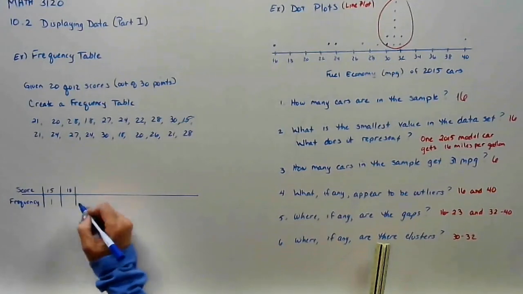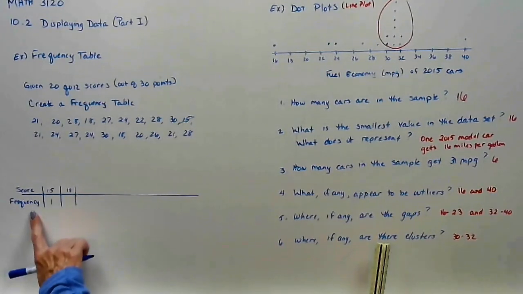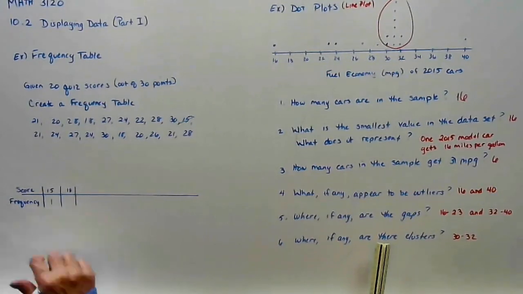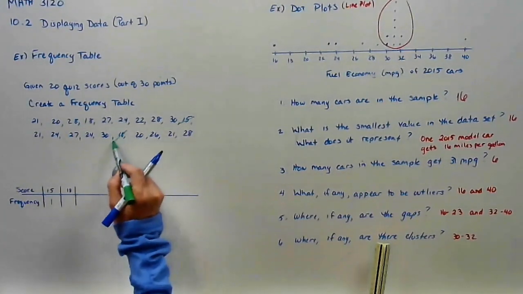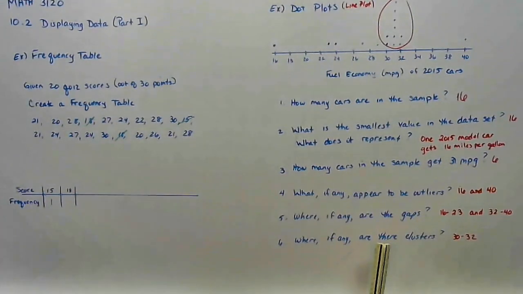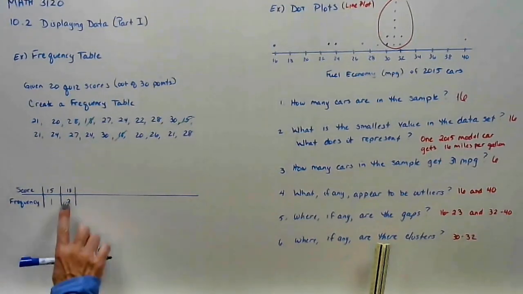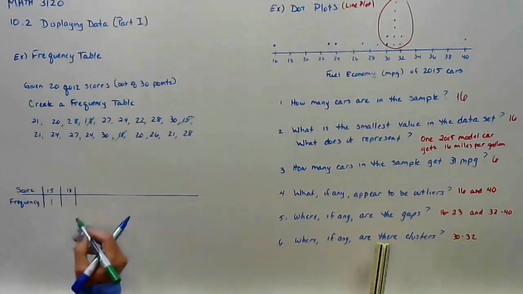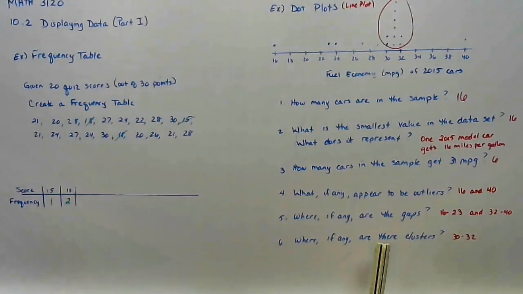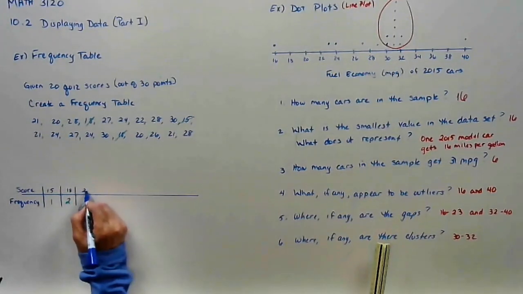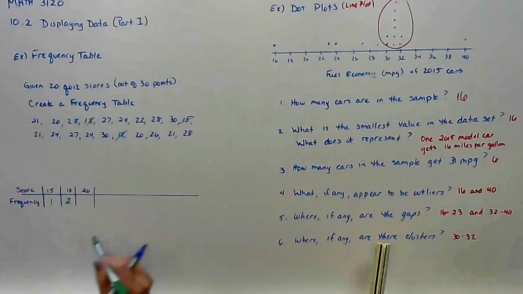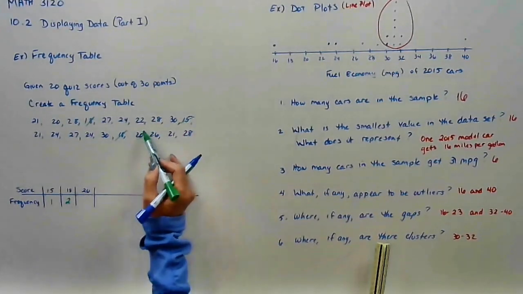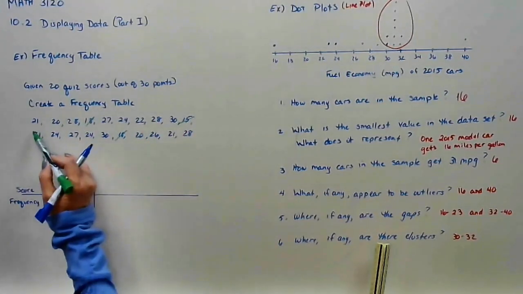How often did 18 occur? It looks like 18 occurred twice. What's our next number? Our next number appears to be the score of 20. How often did that occur? 1, 2.